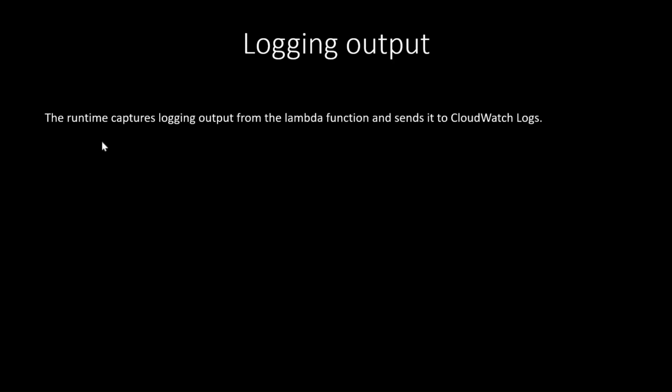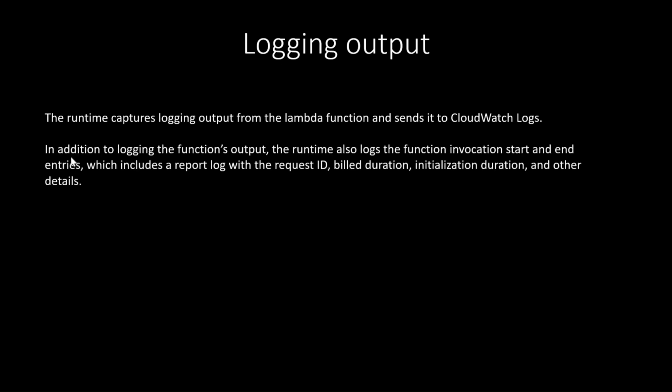Now, logging output. The runtime captures logging output from the Lambda function and sends it to CloudWatch logs. So Lambda has integration with CloudWatch. It sends all the logs from the Lambda function to CloudWatch logs.